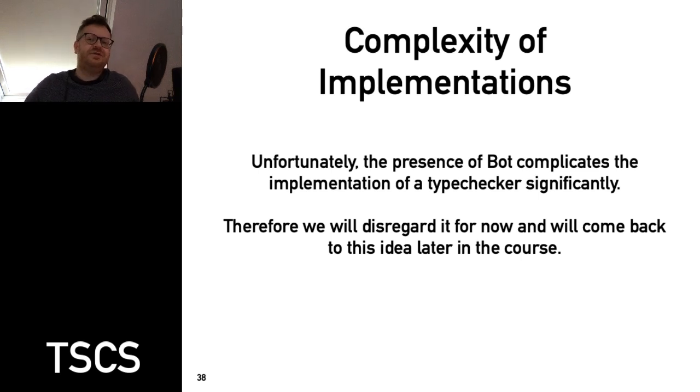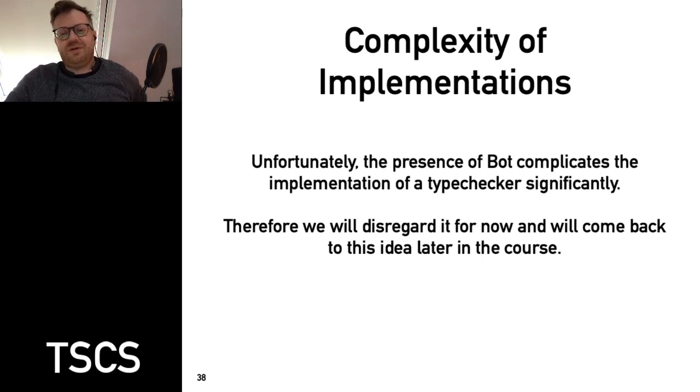We come back later to this Bottom type when we have a few more tools at hand to actually make much more use of it. So for now we stay with the Top type, but I just wanted to introduce the Bottom type because at some point in proofs it may be necessary. But alas, when it comes to implementation, word of warning, leave it out. Because it complicates things much more.